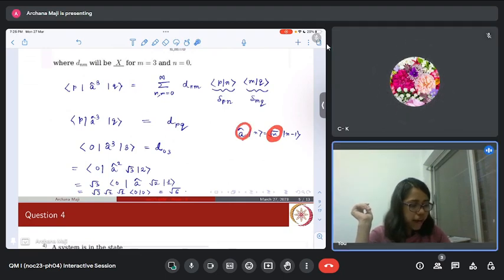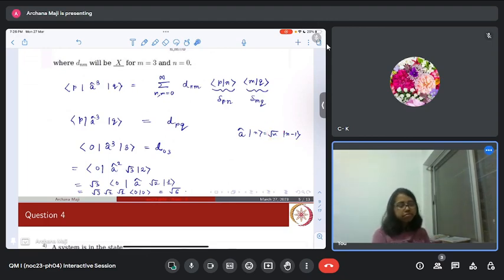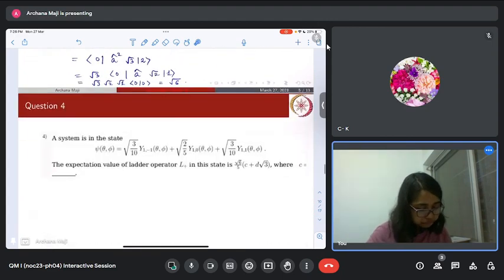Every time A acts on an n particle state, the square root n factor comes in. Whenever you act with A on an n particle state, there will be this square root n factor and then the n minus 1 state. So keep in mind this factor, otherwise the answers will come out wrong.